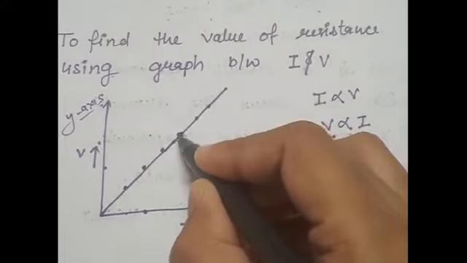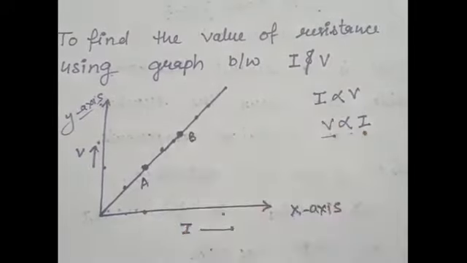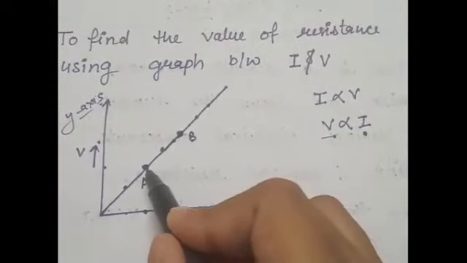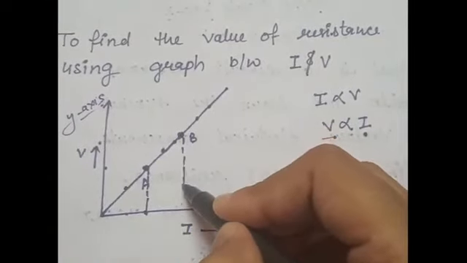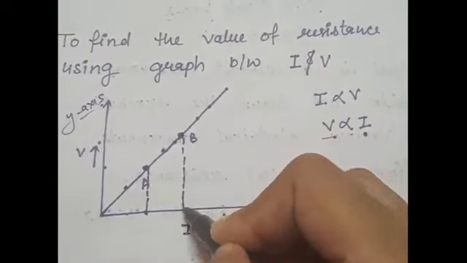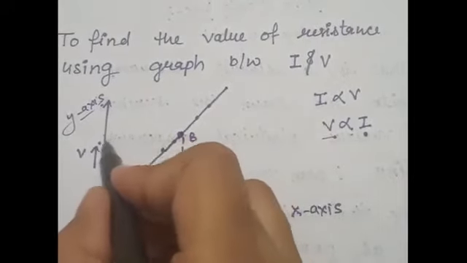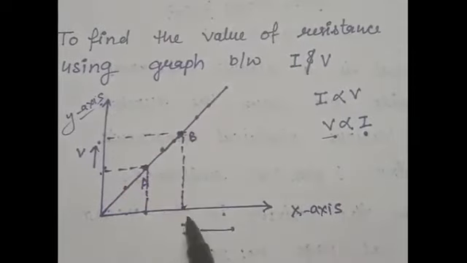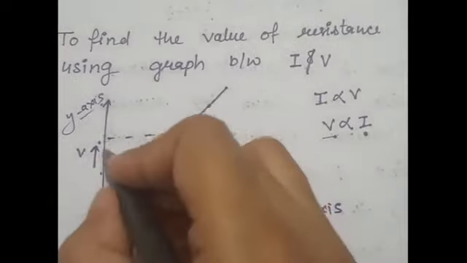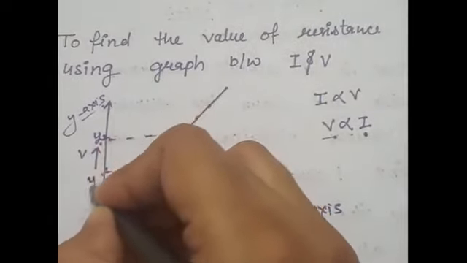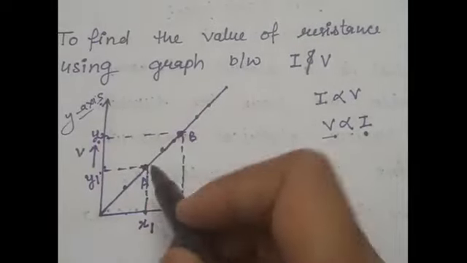So suppose I am choosing these two points, A and B. What I have to do is draw perpendiculars from both the points on the x-axis and on the y-axis. So on the x-axis these values will be x1 and x2, and these values are y2 and y1. So we have to find out the slope of this line.